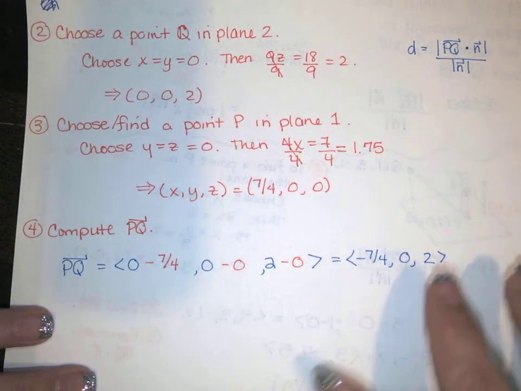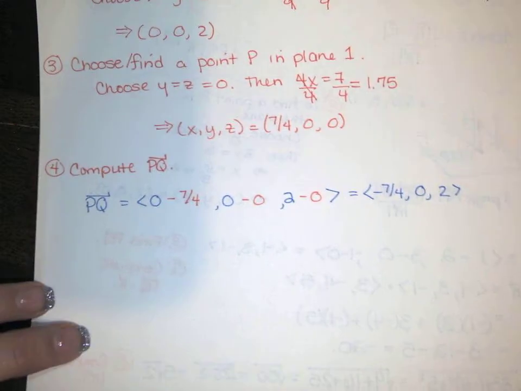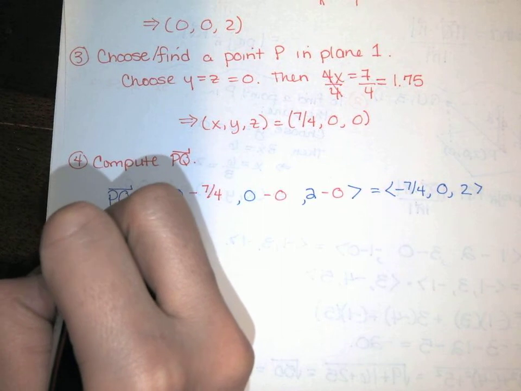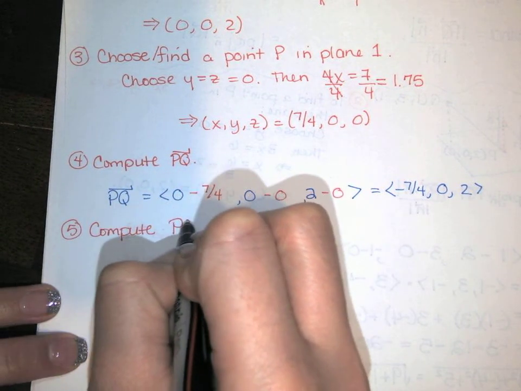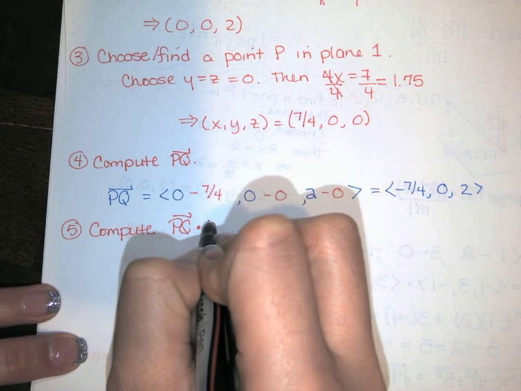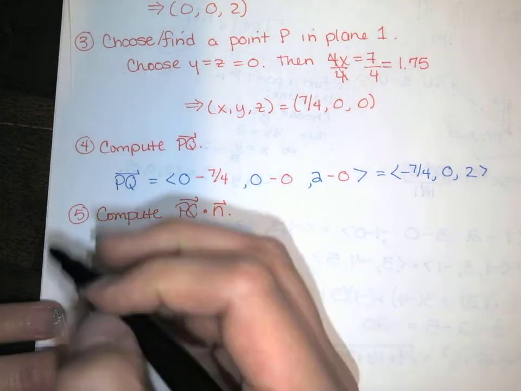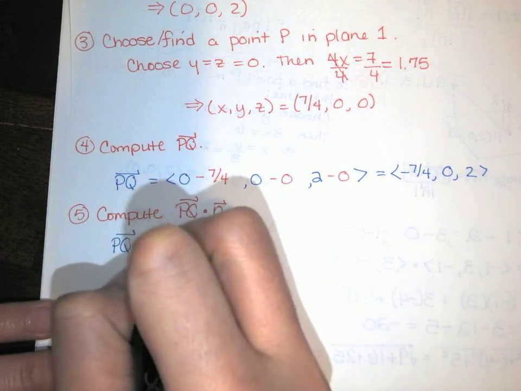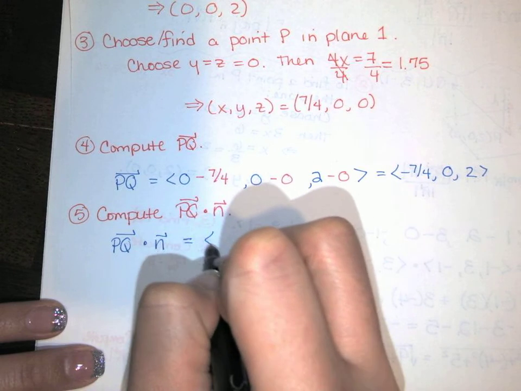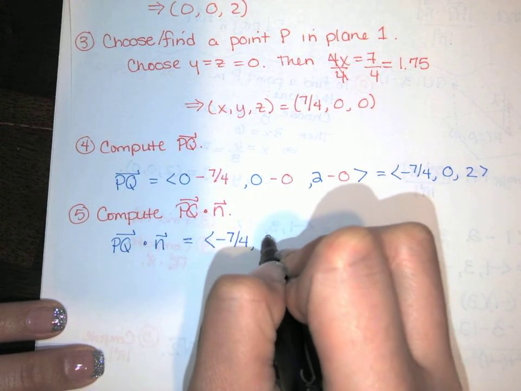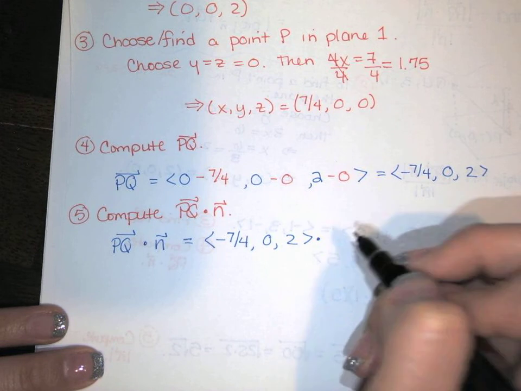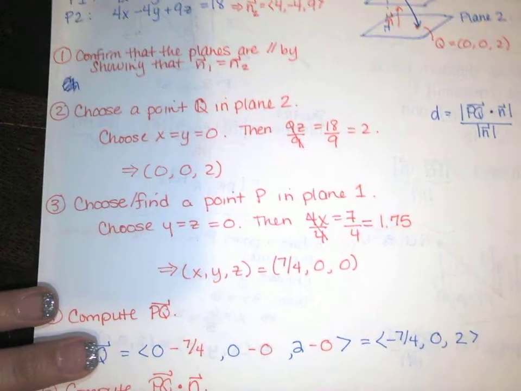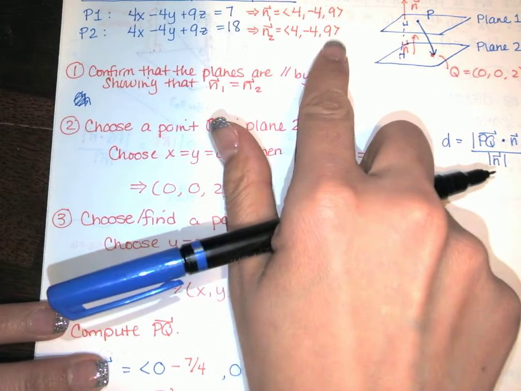Looking at our formula, what do we need next? We need the dot product of PQ and n. So I'm taking that and dotting it with n, which we saw earlier was (4, -4, 9).